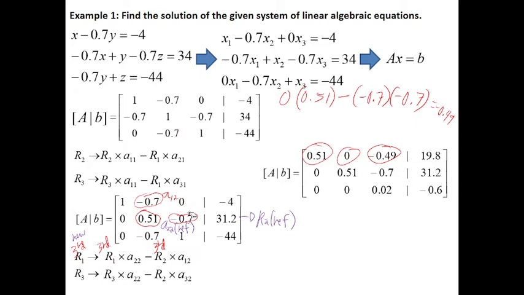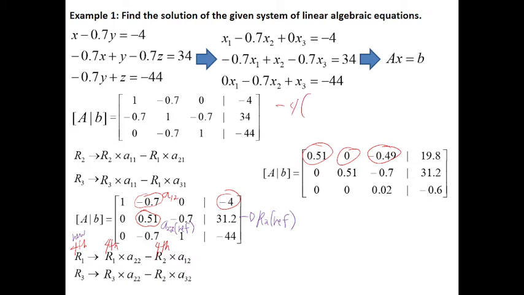we proceed. After that, we consider the fourth element. Okay. R1 fourth element, we have negative 4. No?